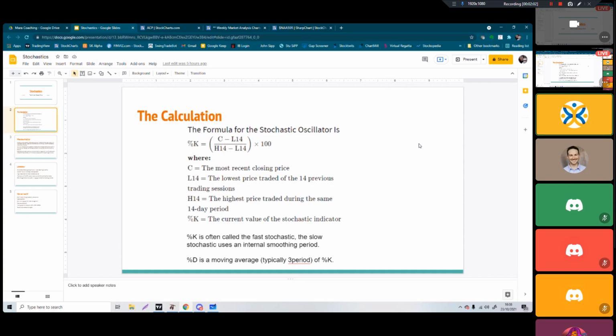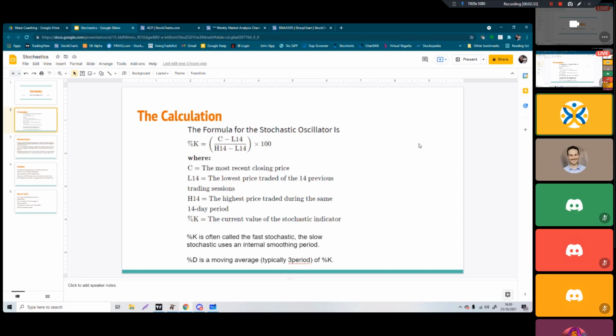One is %K, which is the actual stochastic itself, and that's essentially, it takes the close of today minus the low of the look back period. So how far are we from the low of the look back period? And then divides that by the range of the high minus the low of the look back period. So what it's actually telling you is whereabouts within that range is the current closing price.